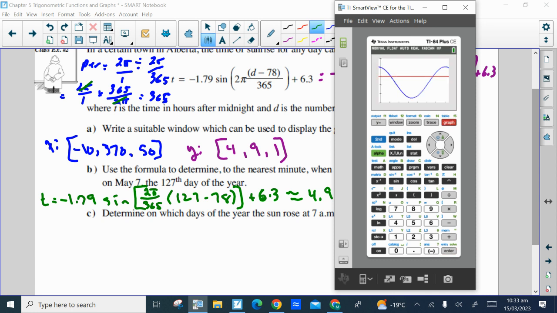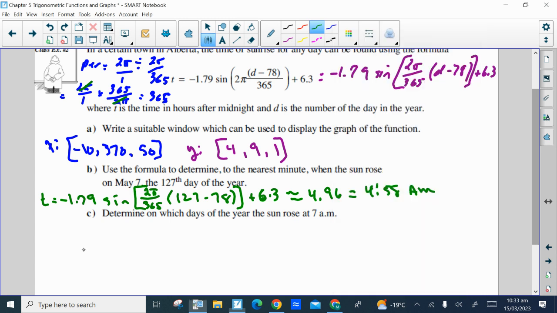So there's a sinusoidal curve, and then the line y equals 7. We need to find those 2 points of intersection. The one on the right is approximately day 284, it looks like.